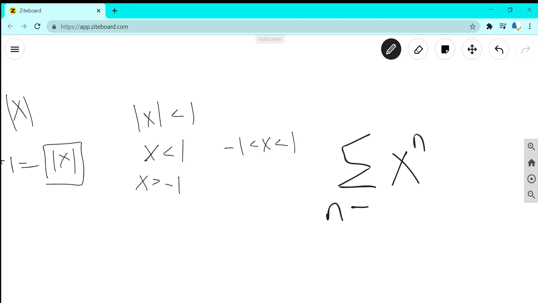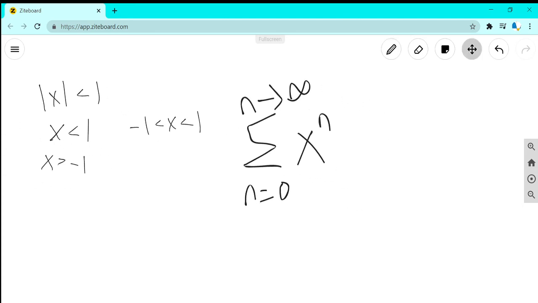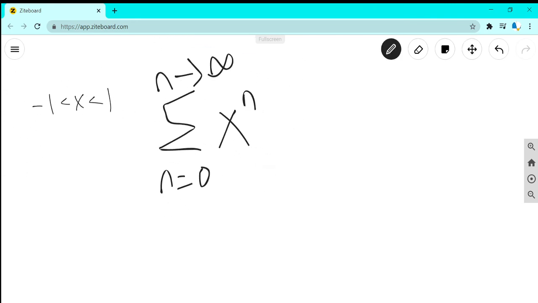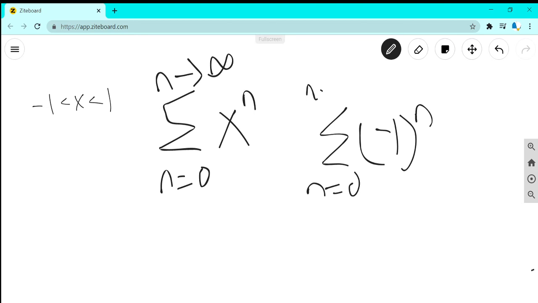So we need to plug in these values for x. Let's plug in -1 first: the sum of -1 to the n from n equals 0 to infinity.